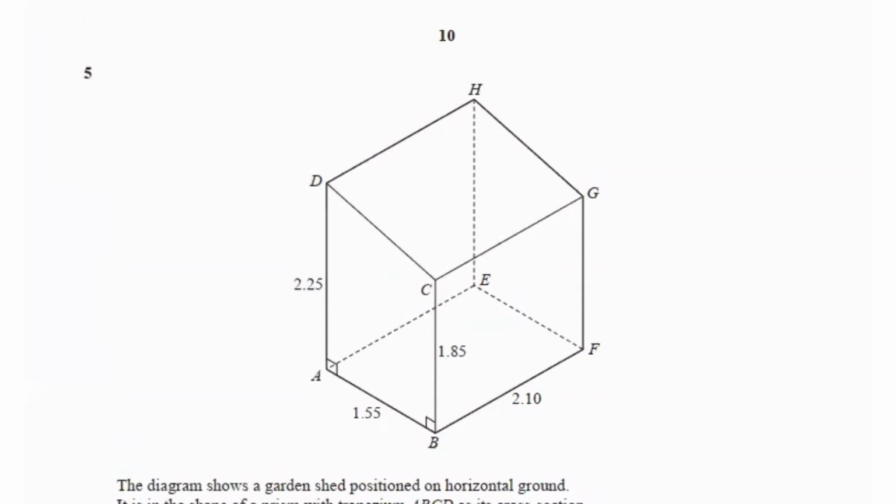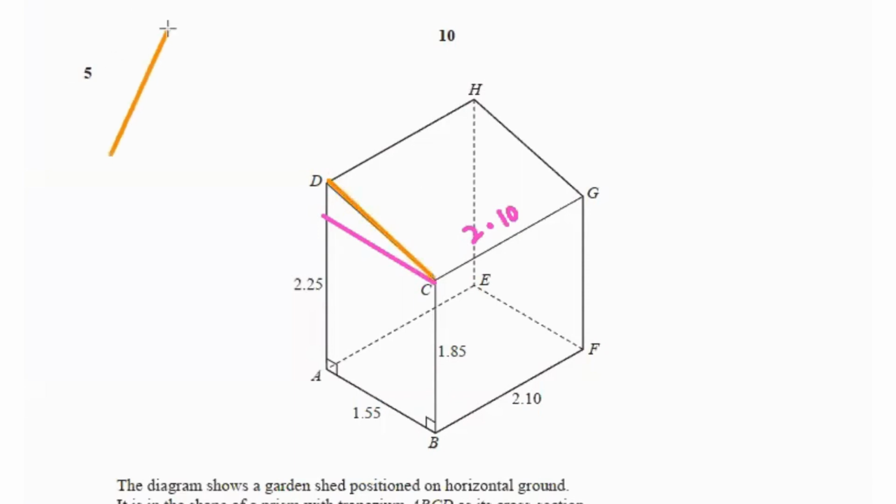First we need to figure out what CD would be. We don't know the length. We know that CG is the same as BF, that's 2.1. But we don't know what this length is. I'm going to highlight this over here. You have to find this length.